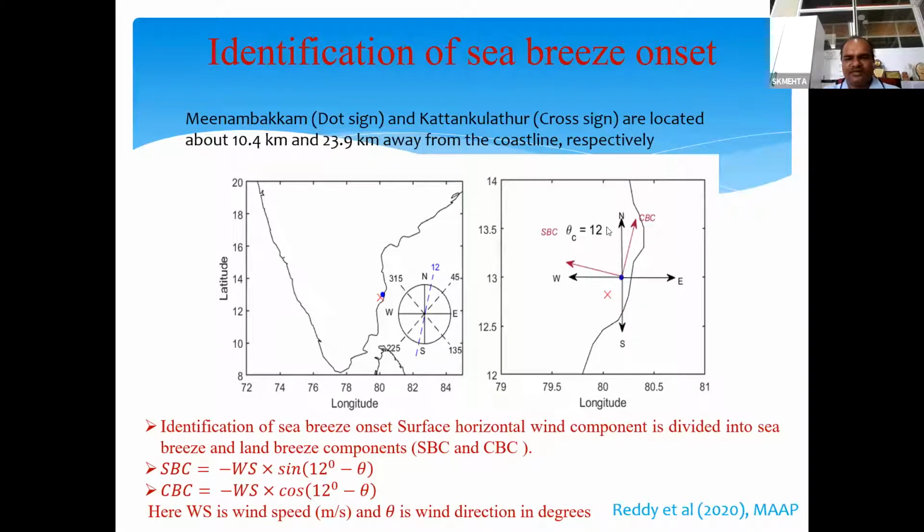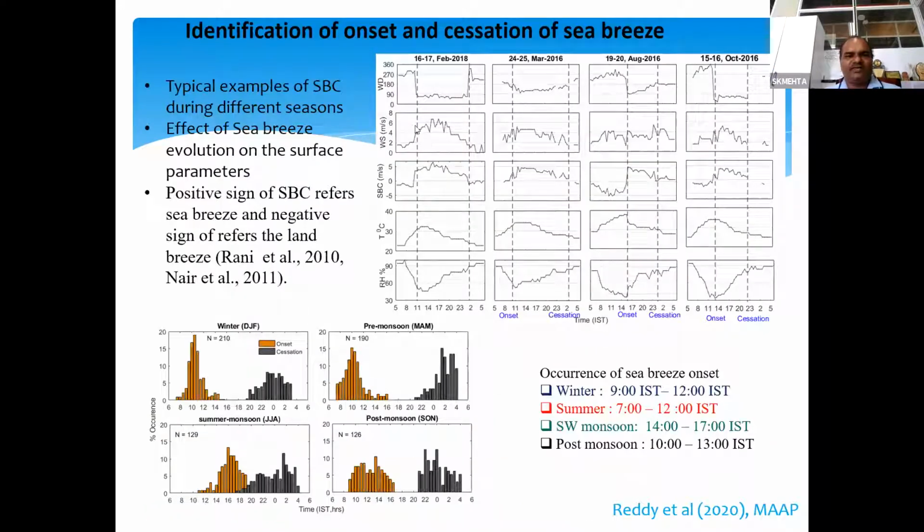Once you calculate the sea breeze component, you will know when the sea breeze onset is happening. Once the sea breeze onset is there, you will see a modification in the convective boundary layer.